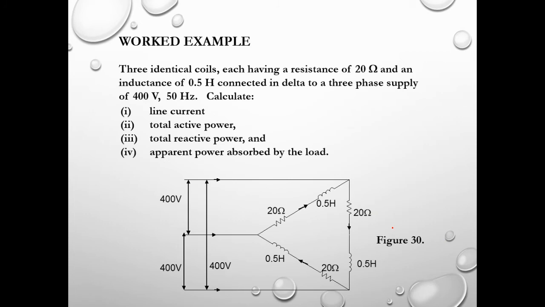Then for example number 2, three identical coils, each having the same value of impedance, but this time they are connected in delta configuration to a 3-phase supply of 400 volt, 50 hertz. Calculate the line current, the total active power, the total reactive power, as well as the apparent power absorbed by the load.